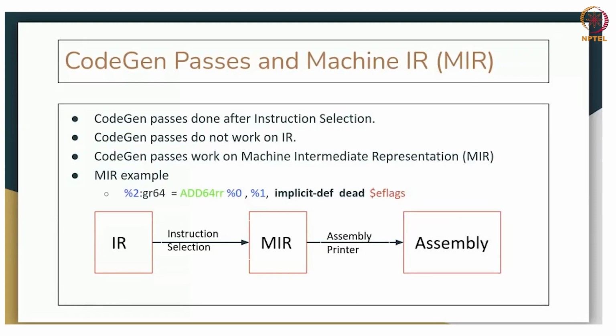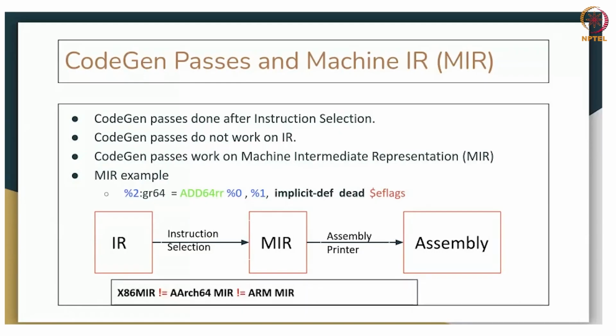But in between, in the MIR stage, we can have some passes to optimize, like given in the previous slide. This is the high level picture, but there will be many intermediate passes. So x86 MIR is not equal to AArch64 MIR; all are mutually independent. Due to this, after instruction selection, these instructions will be different.